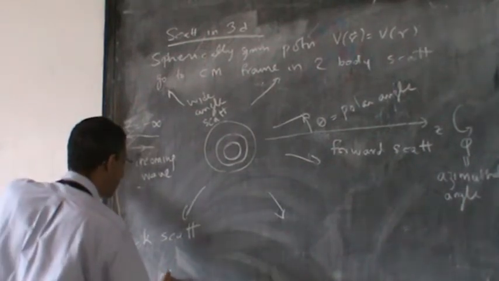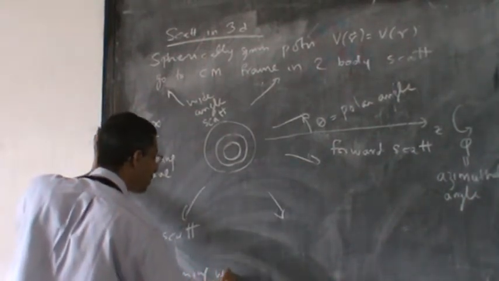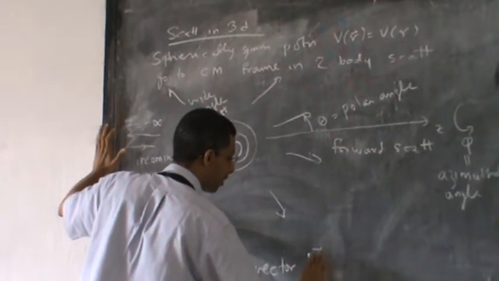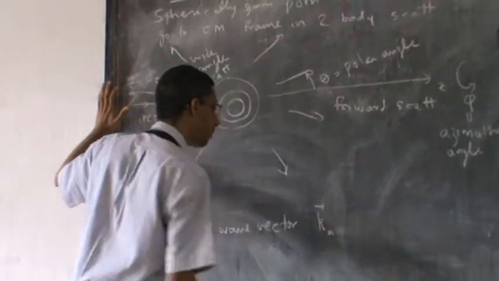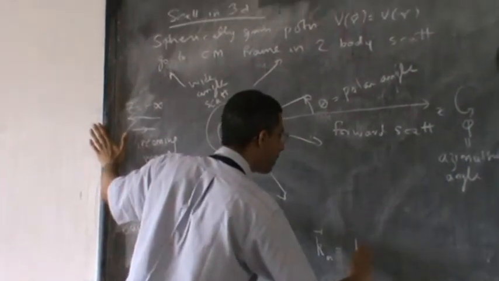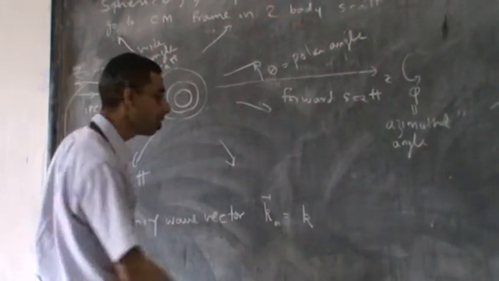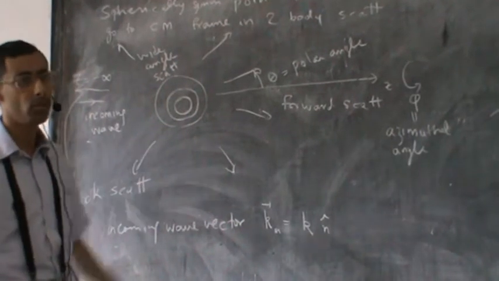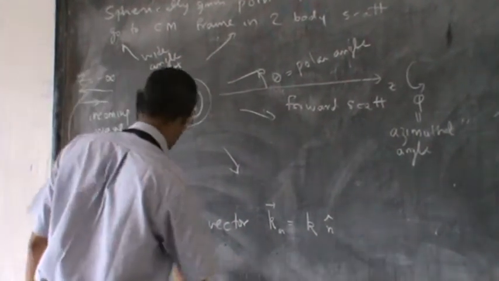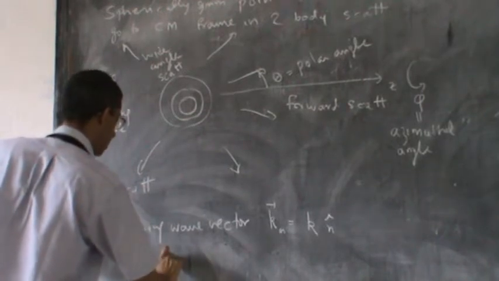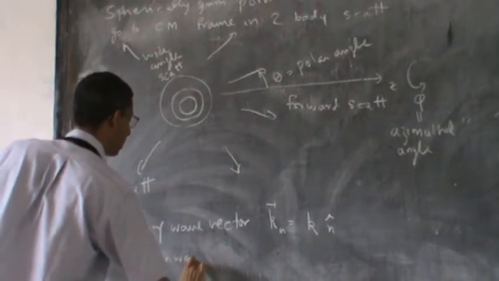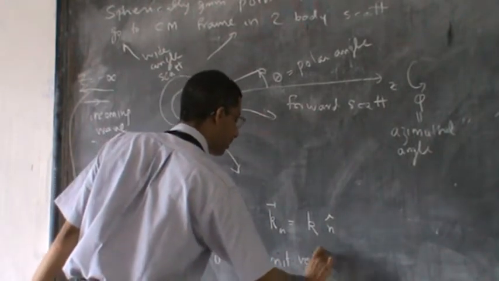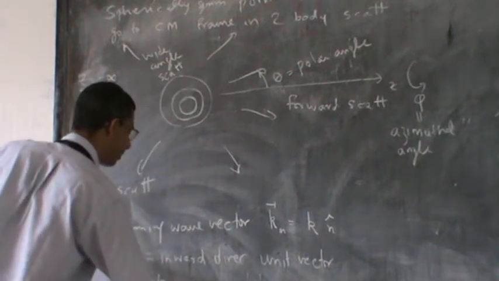So the incoming wave vector k is of course going to be given by the wave number of the incoming wave times some unit vector, n hat, an inward directed unit vector, and k is the wave number.